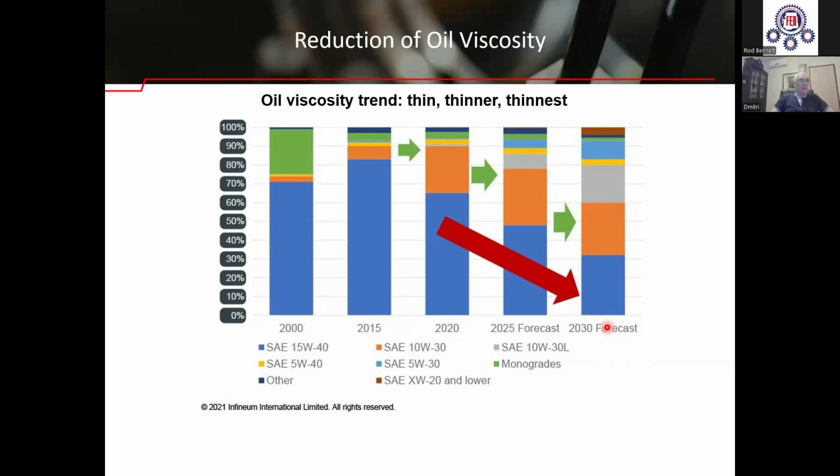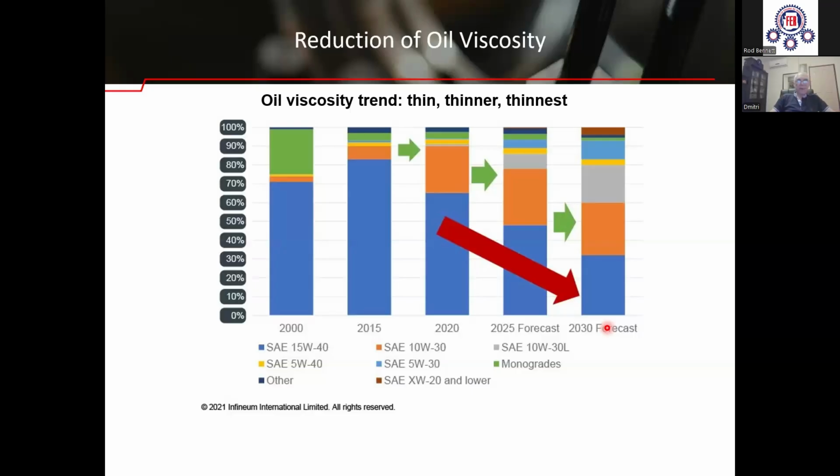Their motives are clear. The energy losses in the hydrodynamic bearings are determined by oil viscosity. The lower the oil viscosity, the lower the energy losses, the lower the fuel consumption, and the lower the emission of CO, NOx, and CO2, the emission gases.